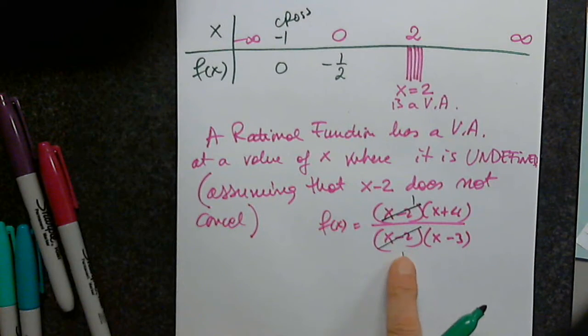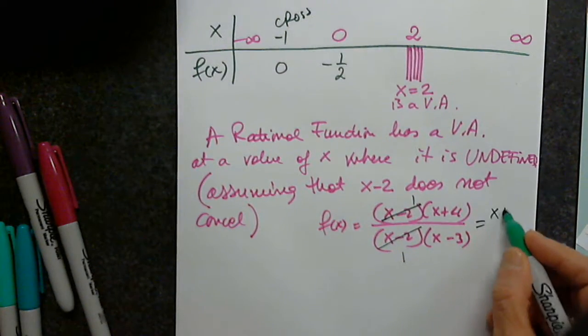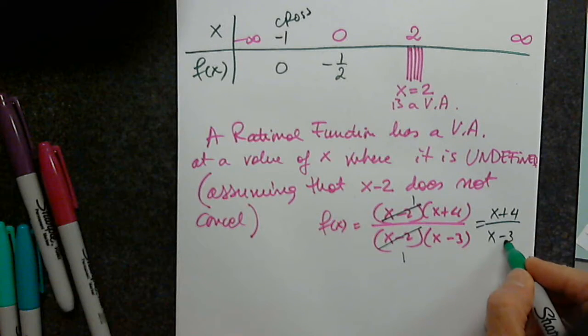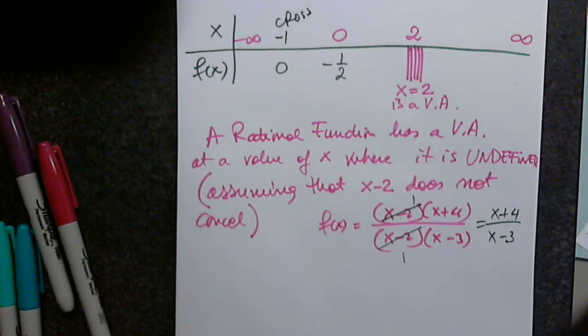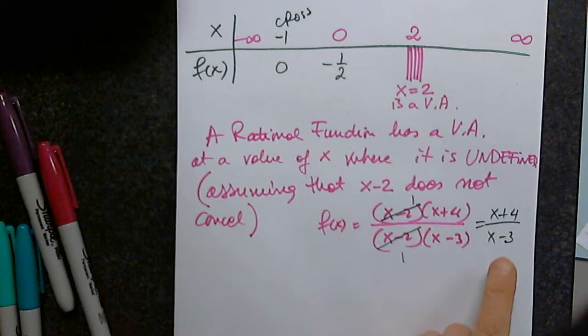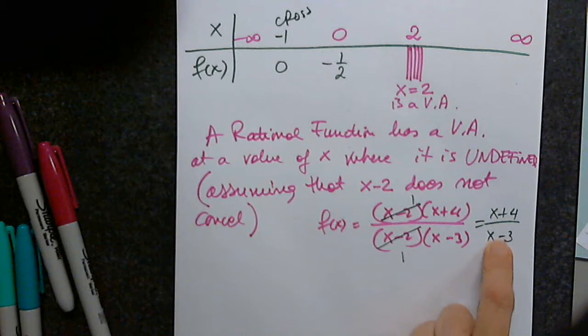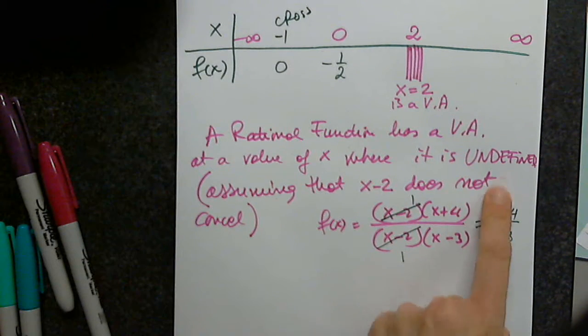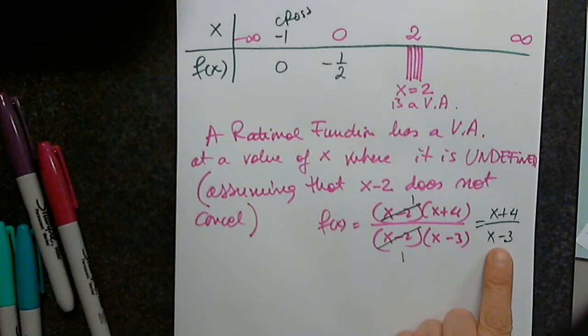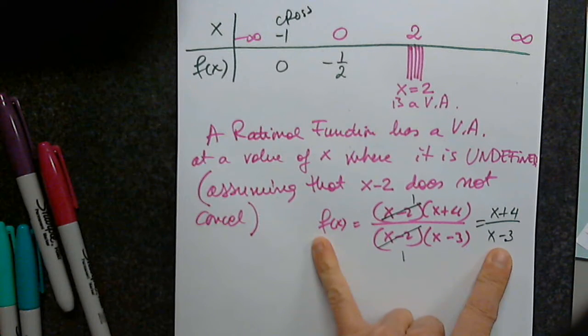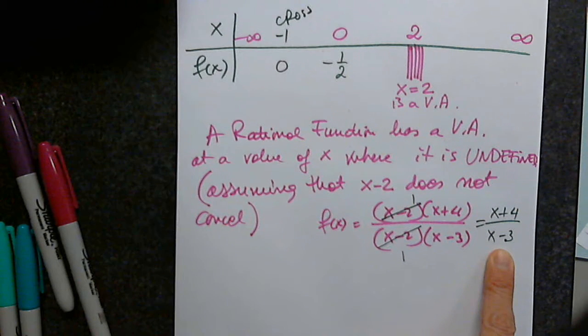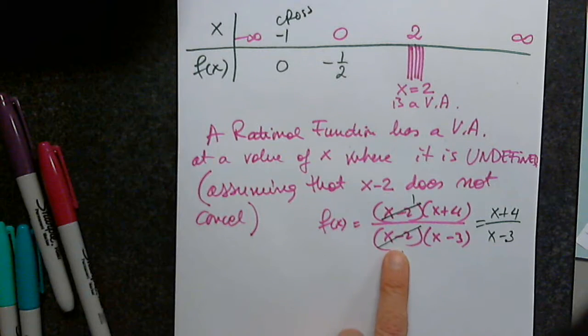See, this factor does not stay in the simplified form. This factor will be a hole in the graph at 2, not a vertical asymptote. This factor still stays, and it will not be canceled with an x minus 3 from the top. The only vertical asymptote for this graph will be x equals 3. This will be a hole in the graph.